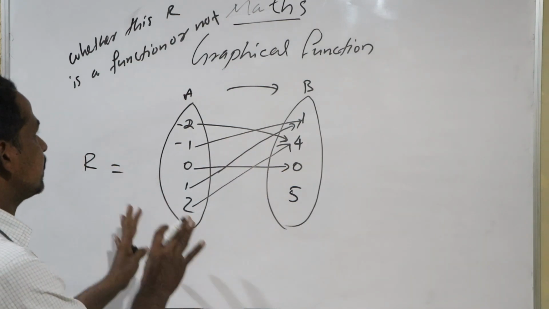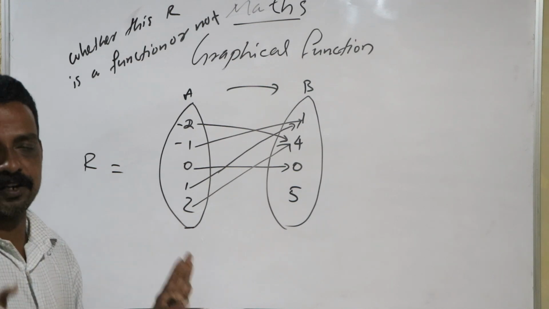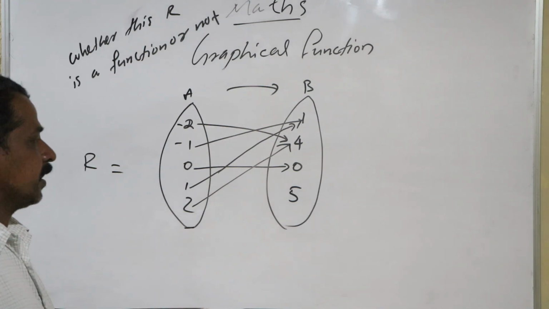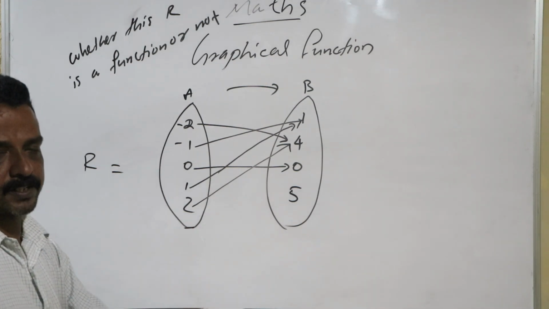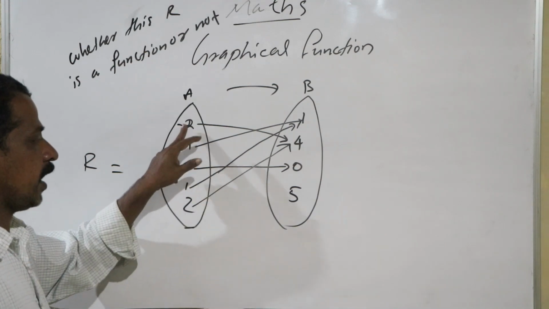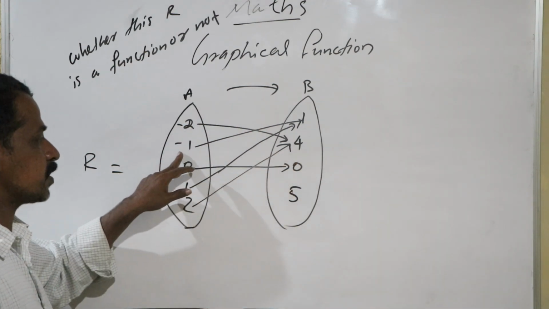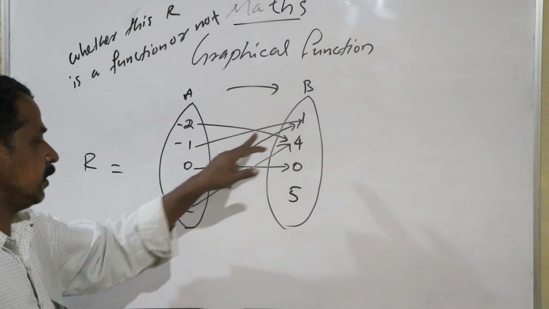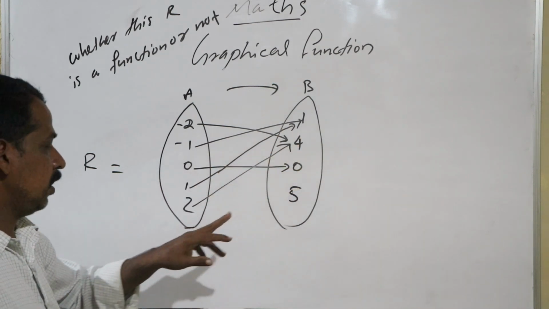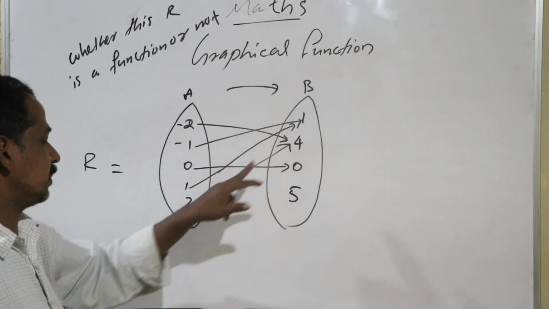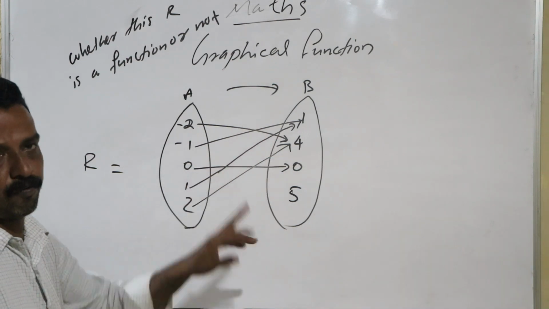So this relation is a function. Why? -2 has one image, -1 has 1, 0 has 0, 1 has 1, 2 has 4.